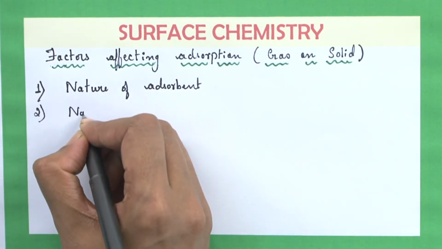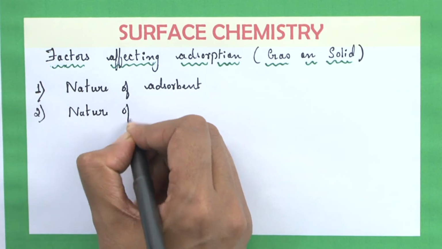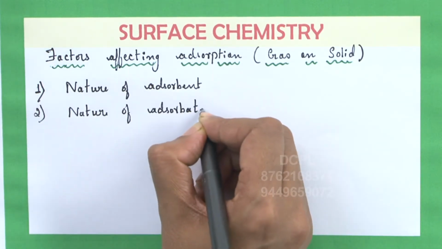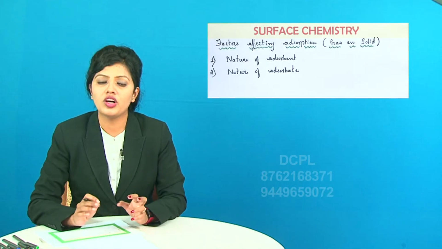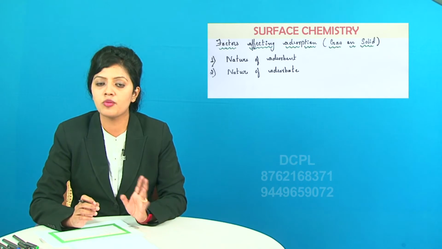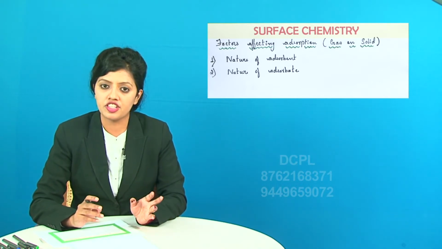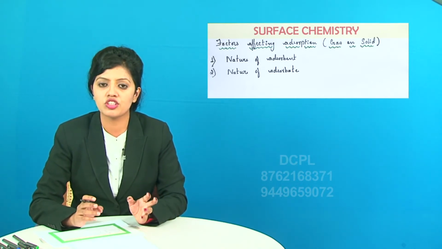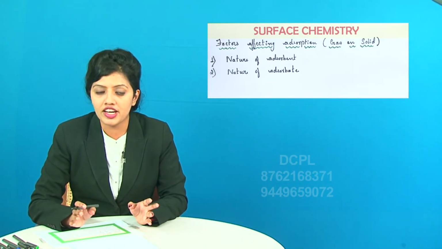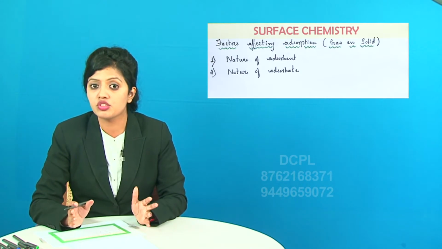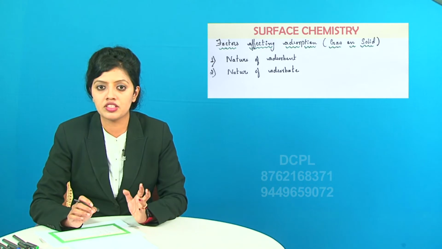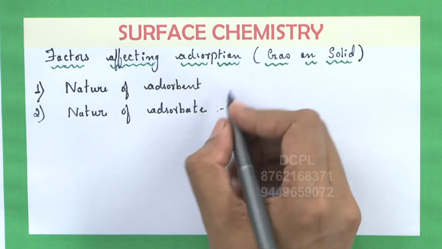Second one, nature of adsorbate. Here, one thing we should notice is that easily liquefiable gases are adsorbed easily, for example sulfur dioxide, NH3, carbon monoxide, etc., rather than the gases which do not liquefy easily, for example H2, N2, O2 and so on. So, the conclusion is easily liquefiable gases are adsorbed easily.